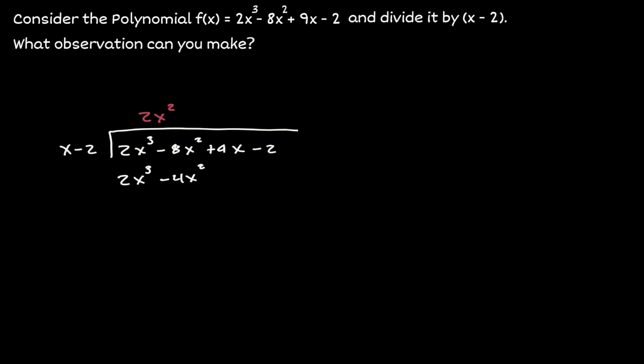Now, the final step is to combine like terms. But before we combine, we are going to change the sign. So this expression was positive 2x to the third. I'm going to change that to negative 2x to the third. And this expression that had negative 4x to the second, I'm going to change that to positive 4x to the second. So very important, before we combine, we change the sign.